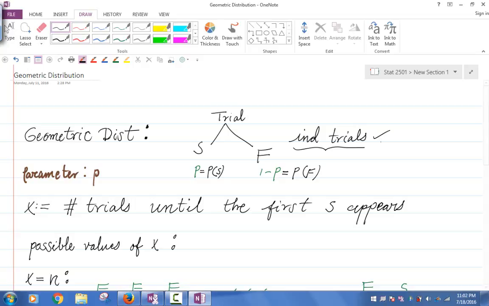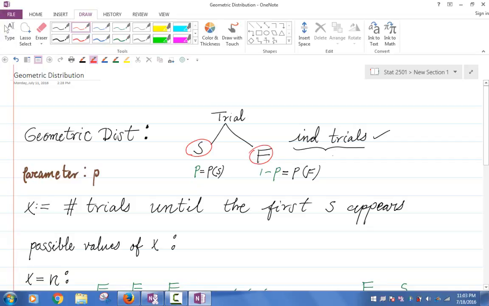One of the outcomes is labeled as success S. The other one is labeled as failure F. P is the probability of success, and then 1 minus p is the probability of failure.